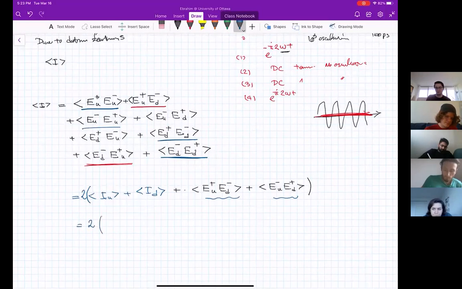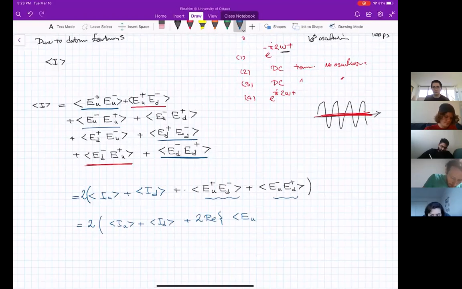Okay, let's write that down. So we do have 2 I of U plus I of D plus 2 real parts of E U E D. Let's look at the notation that I have, just to be clear. That will be negative, I will go with the negative positive.